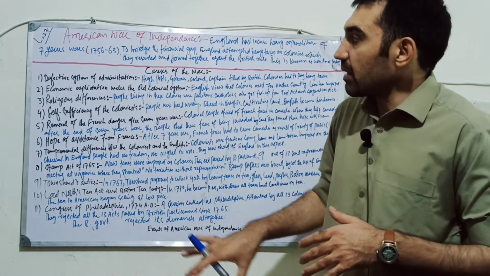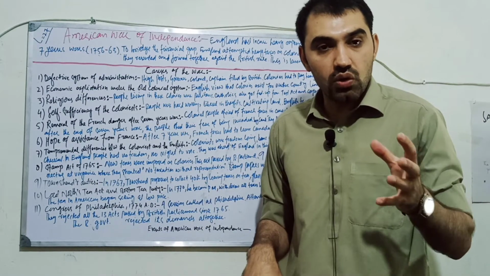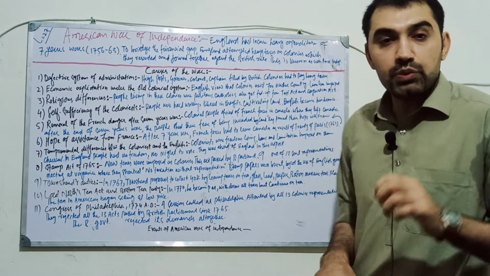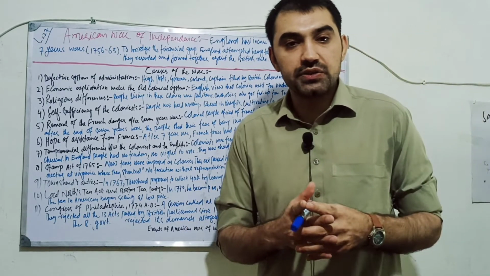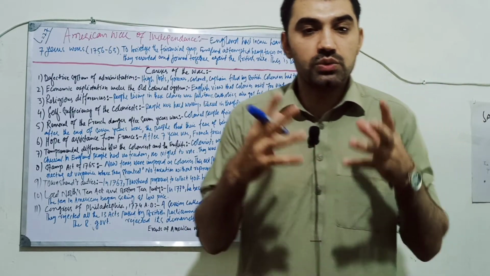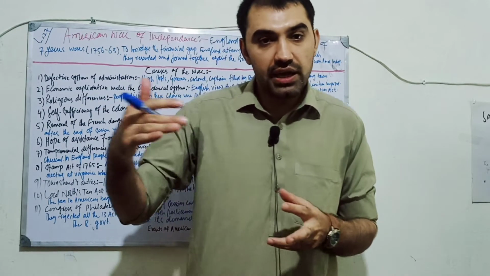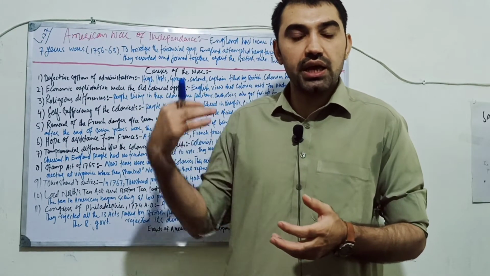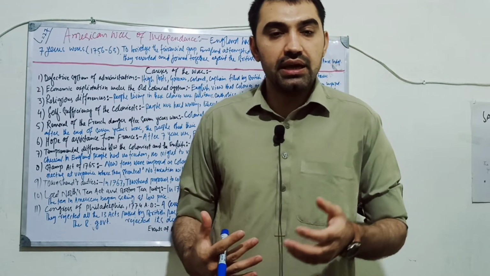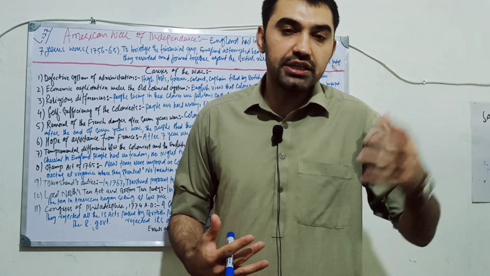So this is all about the causes of the American War of Independence, and we will not talk about the events that took place in the meantime. It was not through negotiation and dialogue that they got independence.